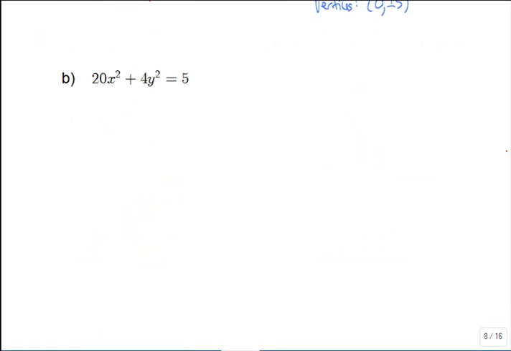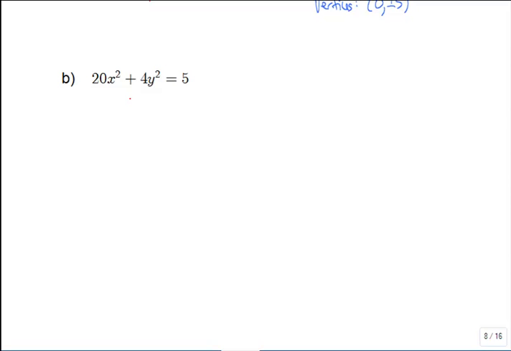Okay, let's try another example. Now this one doesn't necessarily look like our ellipse, so what we want to do first is turn it into our ellipse formula. You always know that you have an ellipse if you have a 1 on this side, you need an x squared and a y squared, and it has to be a plus in between.